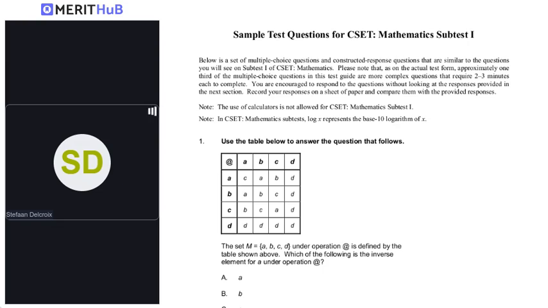Which of the following is the inverse element for A under this operation? So they're saying here that A should have an inverse, and they're asking, what's the inverse of A? Is it A, B, C, or D? Very important. What is the idea behind an inverse? What should the inverse of A do?